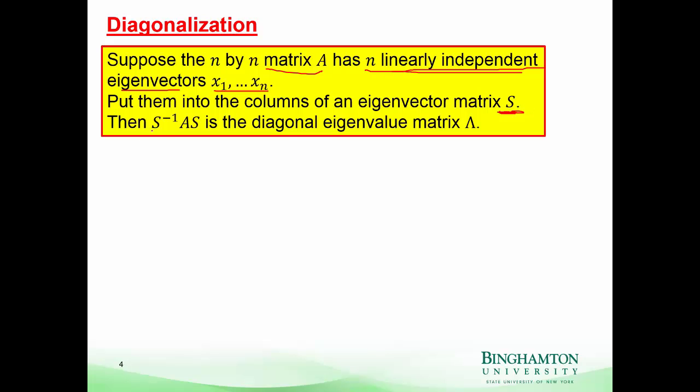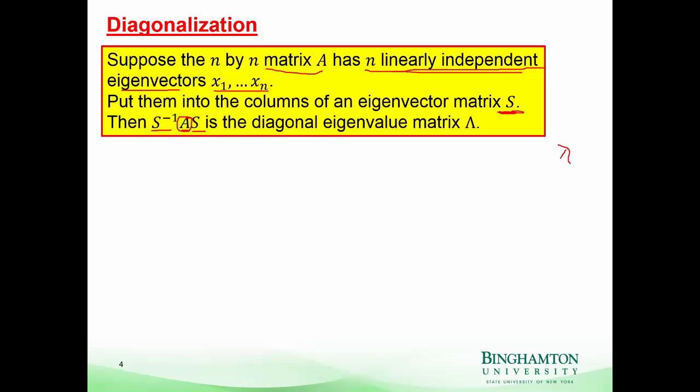And let's take a look at the matrix S inverse times A times S. So we're basically hitting A from both sides, from the left with an S inverse and from the right with an S. And our claim is that the result of that will be a matrix that's diagonal, and we'll call it the eigenvalue matrix. And we've been naming our eigenvalues with the symbol little lambda.